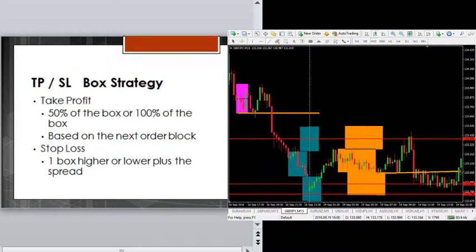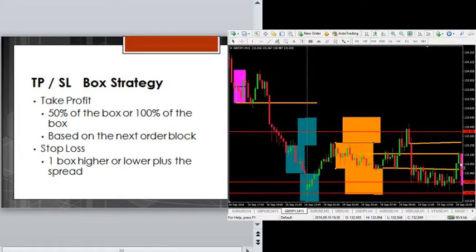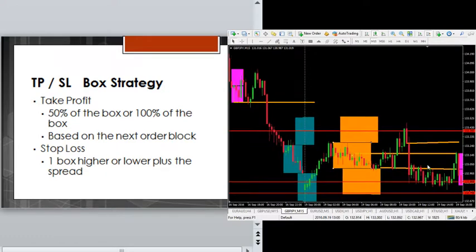So it broke, went back to the main box, and then we have our take profit of about 50% again, or 100%, depending on the order block. We have an order block here, wherein we will discuss it later on. So let's press F12 again, and then it rejected.